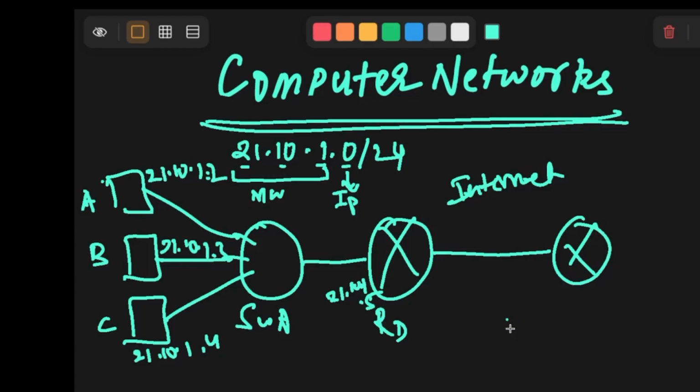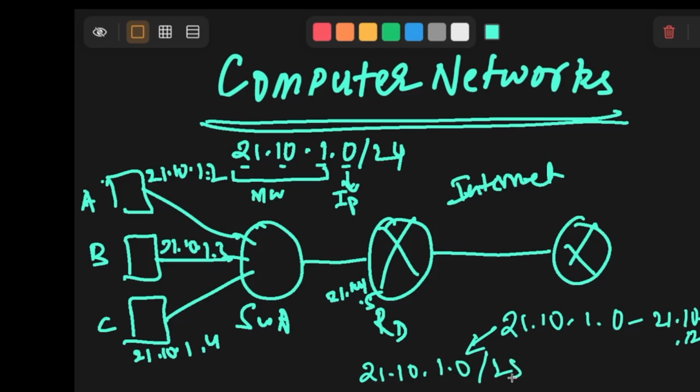As a network engineer, if my company has two departments, a finance and an engineering department, I'll use 21.10.1.0 to 21.10.1.127 for finance. This network IP would be 21.10.1.0/25. Now what about the other 128 IPs?